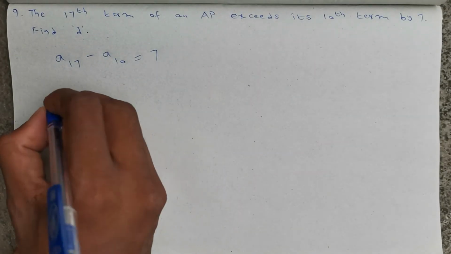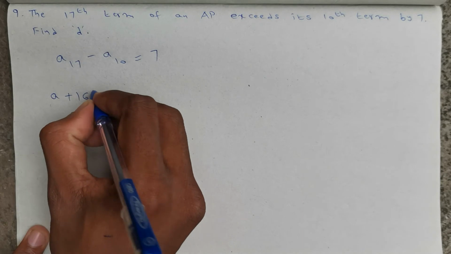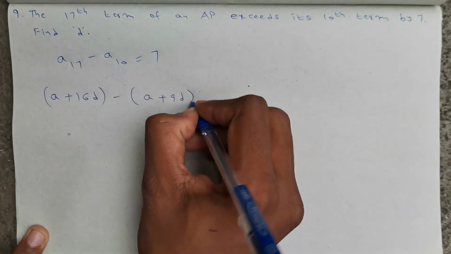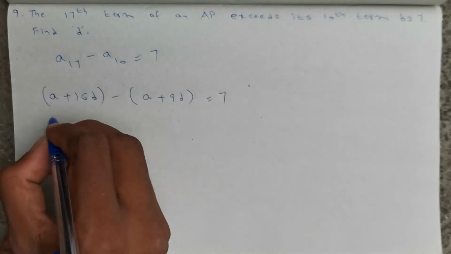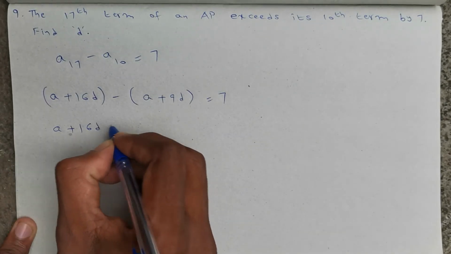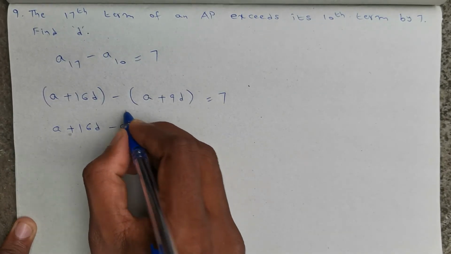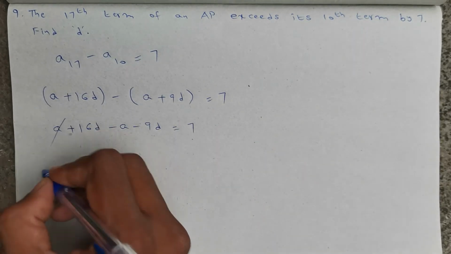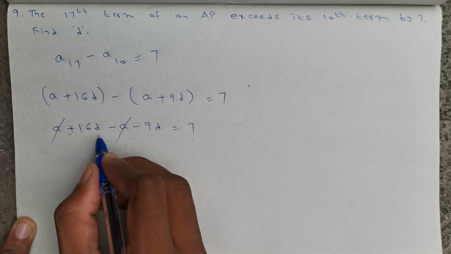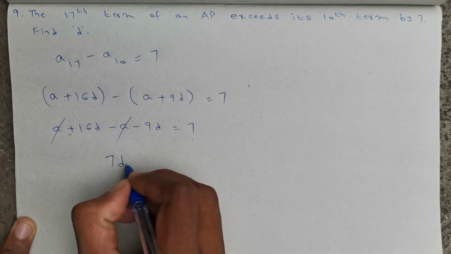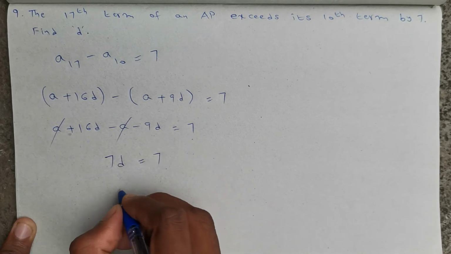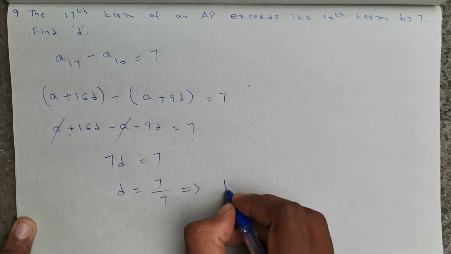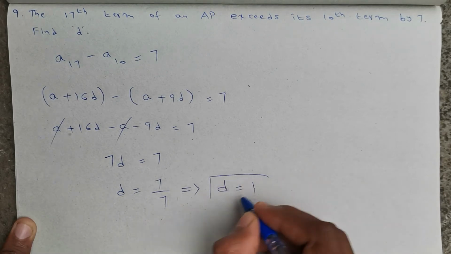So A17 a plus 16d, minus 10th term a plus 9d, equals to 7. A plus 16d minus into a, minus into plus 9d, minus 9d is equals to 7. Plus a minus a cancel, 16d minus 9d, 7d is equals to 7. So d is equals to 7 by 7. So common difference is equals to 1.